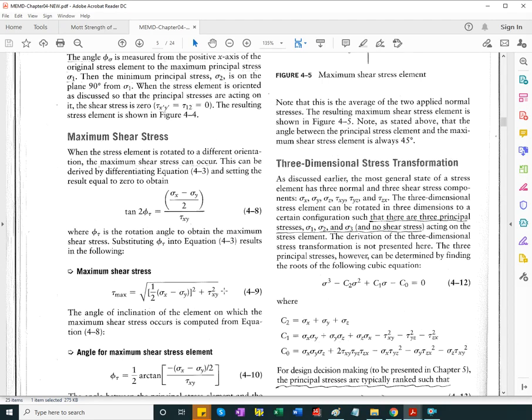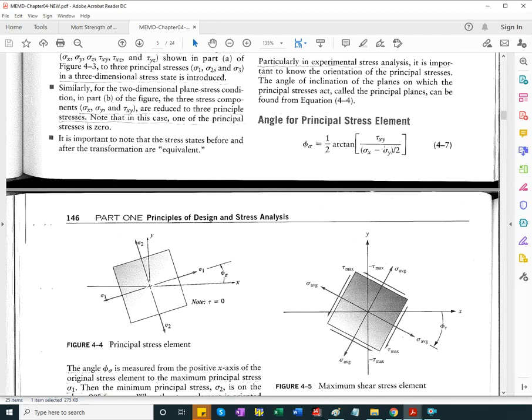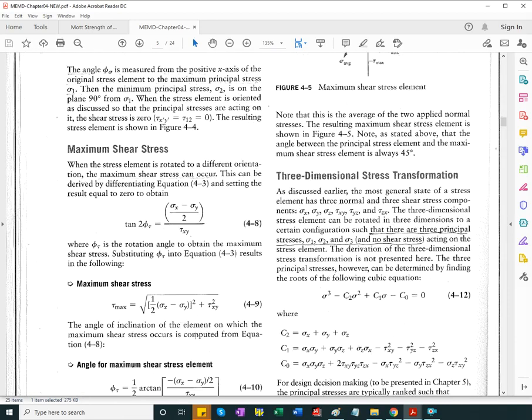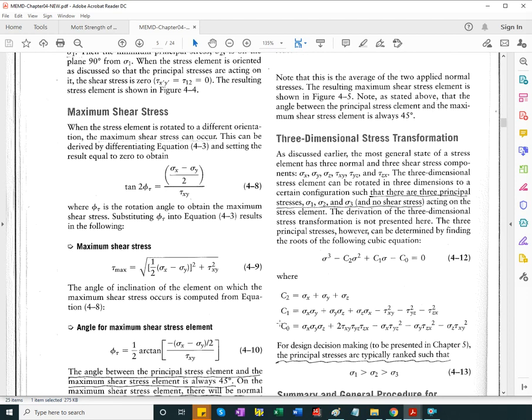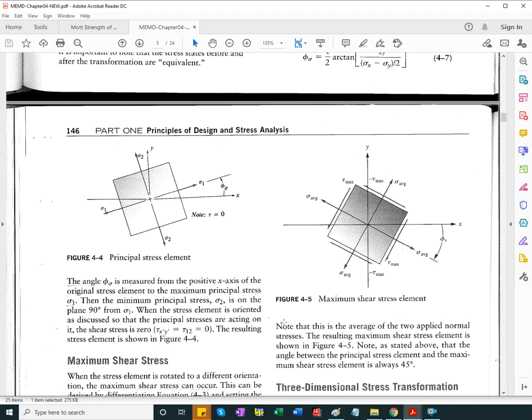If we look at the two, just look carefully, you see that it's flipped, with the changed sign, so it's indicative that the maximum shear stress occurs at an angle that is 45 degrees rotated, either clockwise or counterclockwise, from the principal element. So the principal element and the element of maximum shear stress are 45 degrees apart on one hand.